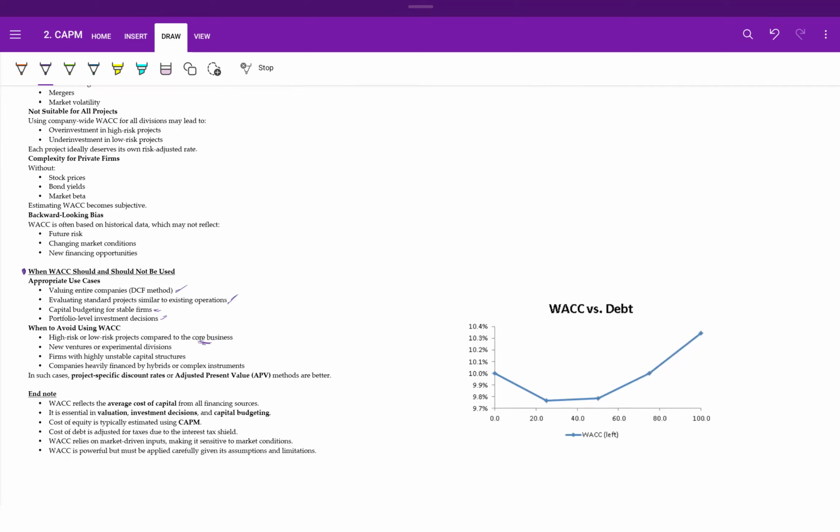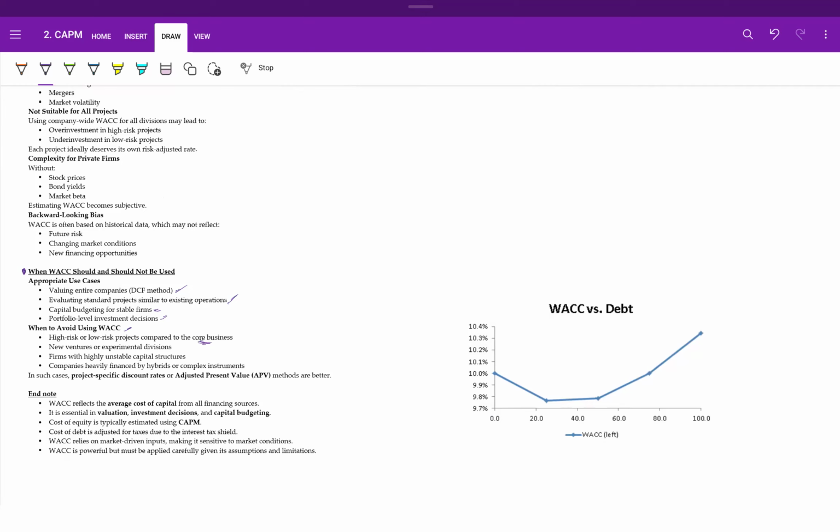Just for the sake of low risk or high risk for greater return, don't get into those things which you do not understand. You need to take projects from your core business expertise, not from other business sectors. So you should avoid using weighted average cost of capital in those scenarios.